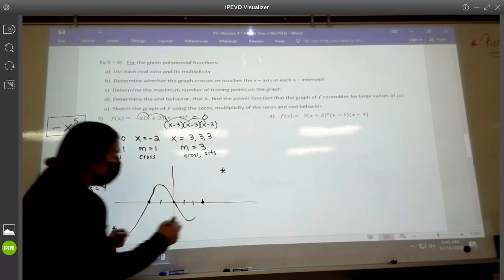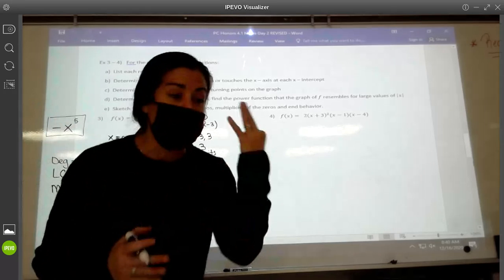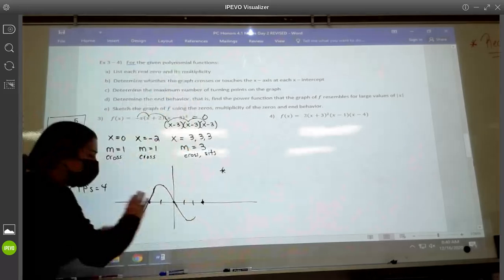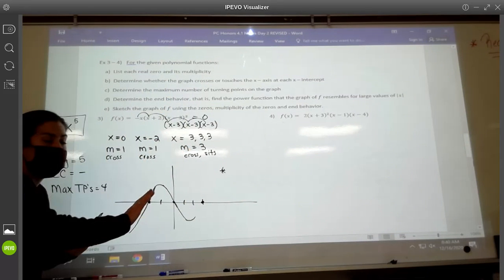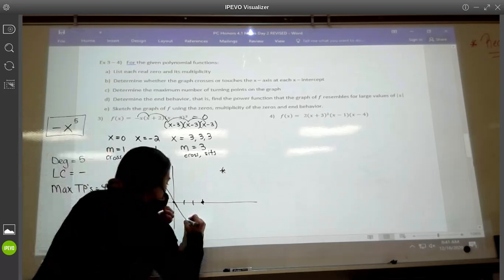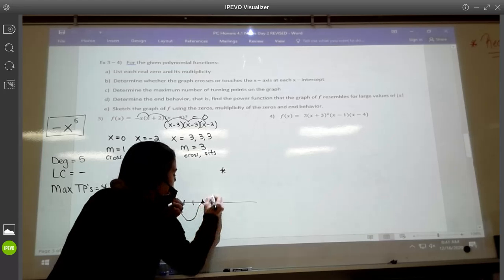Now, guys, if you notice, x equals 3, that was a zero 3 times. So the multiplicity is getting higher, which means it's going to create that flattening out effect as it crosses through that point. But it's still going to cross. That's the important part. So as I approach it, the graph should start to flatten a little bit and then pass through.